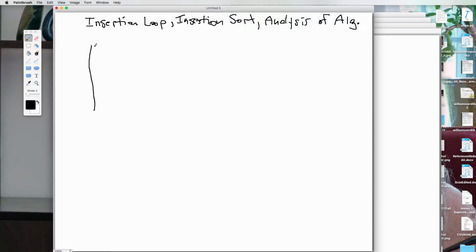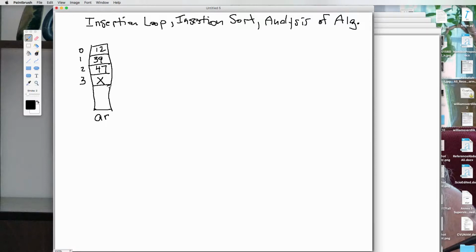We said we had some array here. We said that part of the array was already sorted, so maybe it looks something like this. And we have some number x here, and this is at 0, 1, 2, 3. The name of the array is called AR.